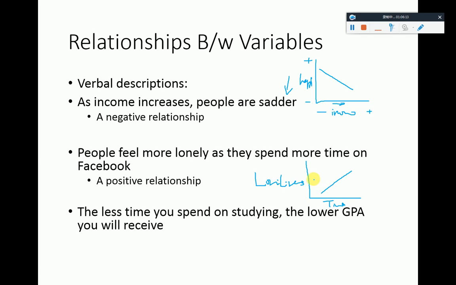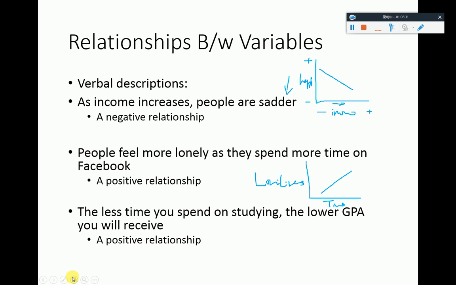More time, more lonely. Okay, so now the less time you spend on studying, the lower GPA you receive. The correct answer is a positive correlation. Why, you would say?